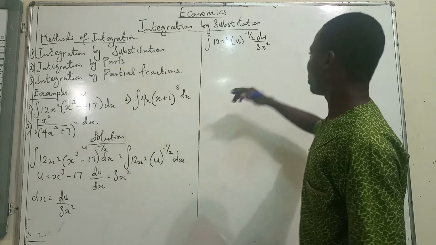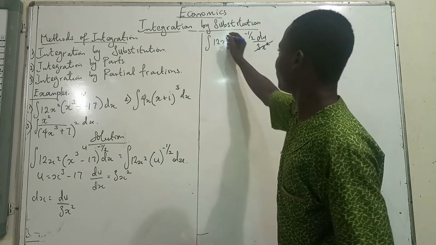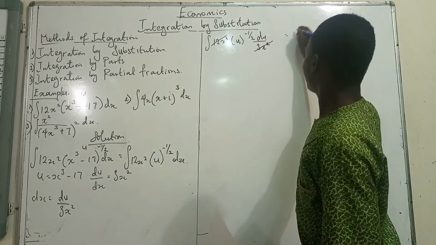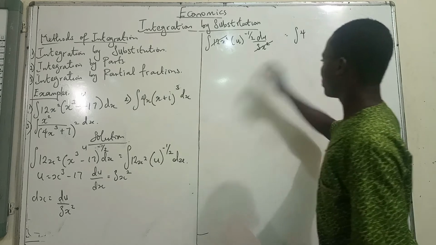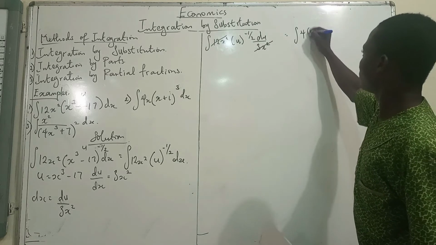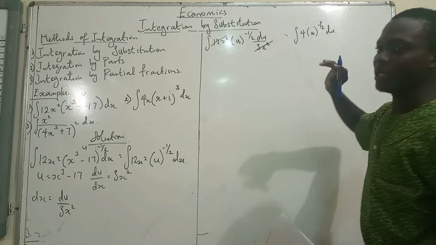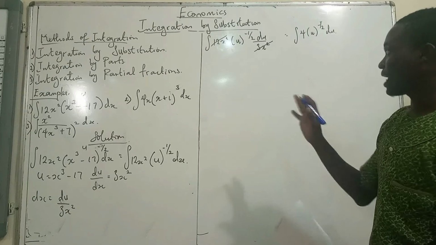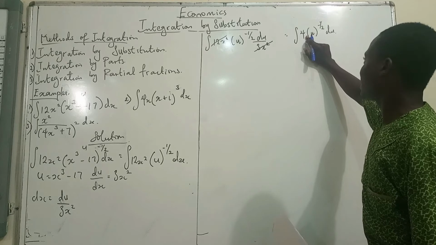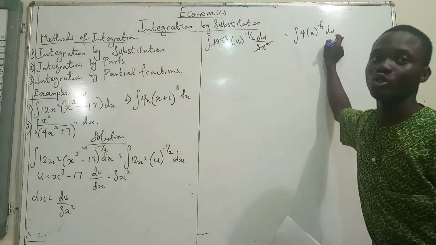So we don't have dx anymore. The 3x squared will divide 12x squared, and so we'll be having the integral of 4 u raised to power minus half du. Now the issue is that if there had been an x left here, how would we differentiate x with respect to u?